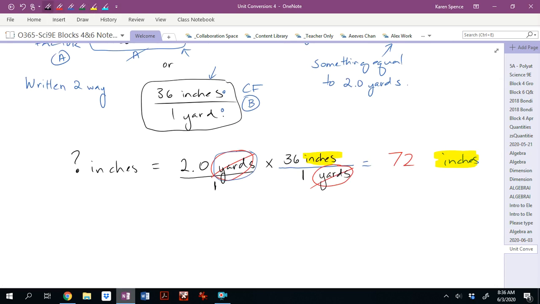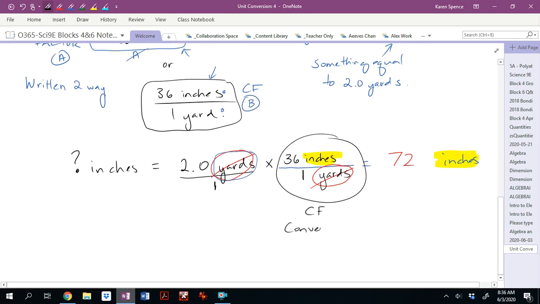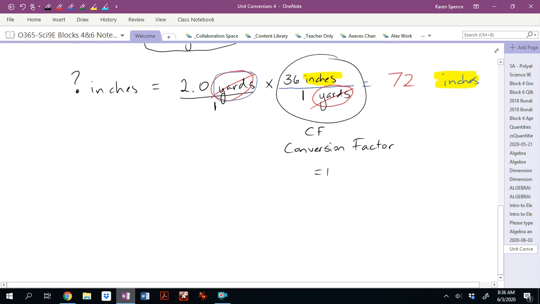And this conversion factor is really equal to 1. Remember that 36 inches is equal to 1 yard.